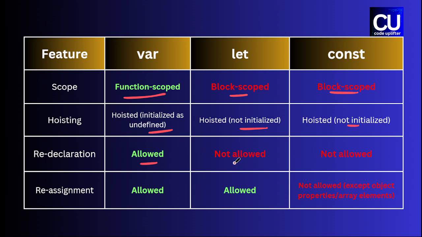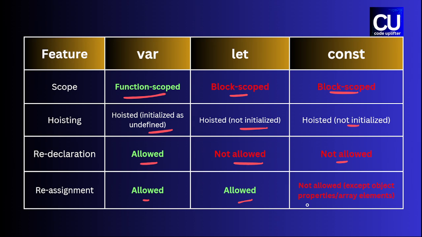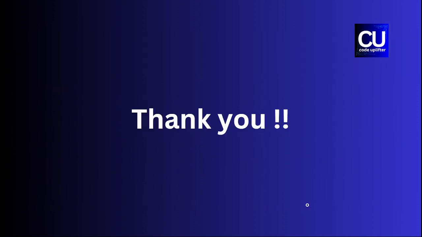Redeclaration is allowed for var, but not for let and const. Reassignment: var is allowed. Let allows reassignment, because you can definitely change the value, but const reassignment is not allowed. So this is all about the difference between let, const and var, and the concept of lexical scoping and hoisting. Thank you.